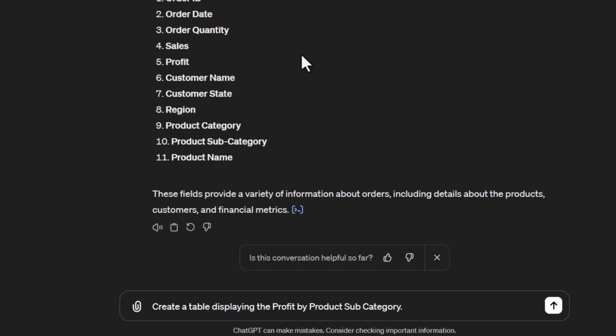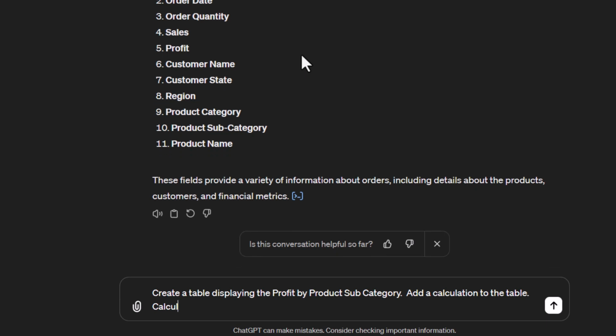Okay, so we're going to actually add a calculation to the table. And we're going to ask that calculation to calculate the running total percentage. Also, I'm going to add an index to this so we can just count the number of rows.